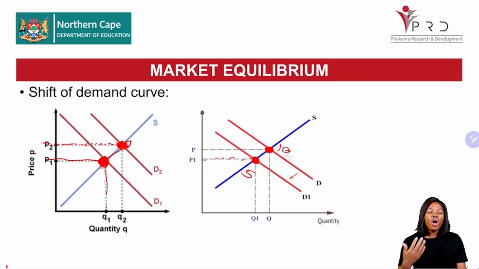This tells us that when we have a large number of consumers demanding the product in the market, the price of a product will increase. But if we have a small number of consumers demanding the product in the market, the price of a product will decrease. It will be low. So this is how the shift of the demand curve and the supply curve causes the shift in the equilibrium price, as well as the market equilibrium point.